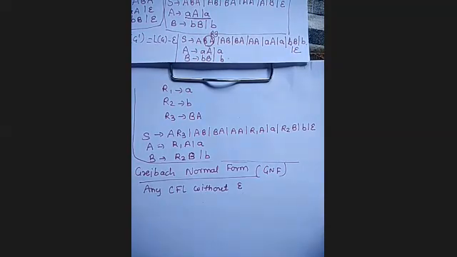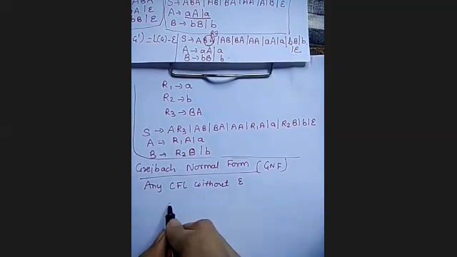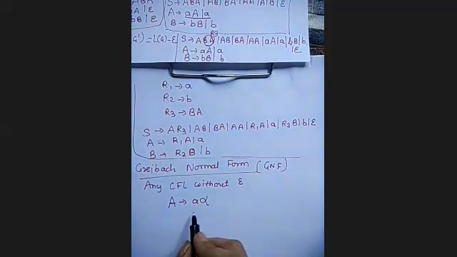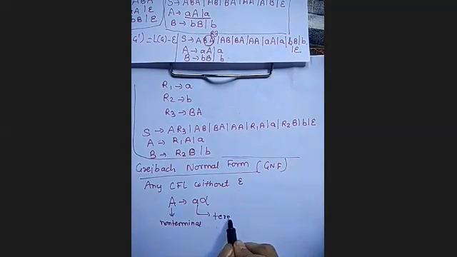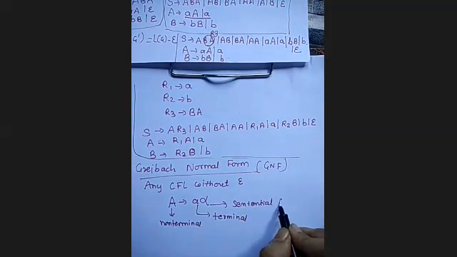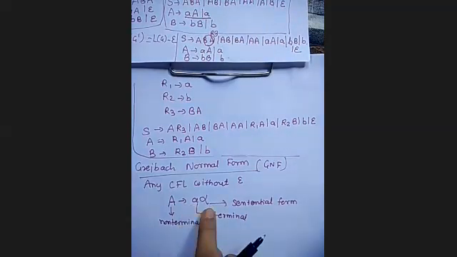Any CFL without epsilon in which every production is of the form A derives a alpha, where capital A is a non-terminal, small a is a terminal, and alpha is a sentential form, a string of terminals and non-terminals. What does this indicate?